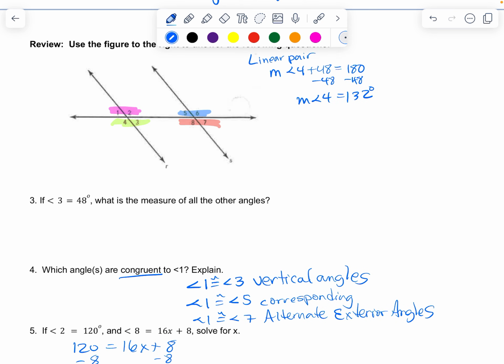Okay, so then we also have the other direction. We have 1 and 4, 2 and 3, what other color can we use? Oh, brown. 5 and 8. And 6 and 7.